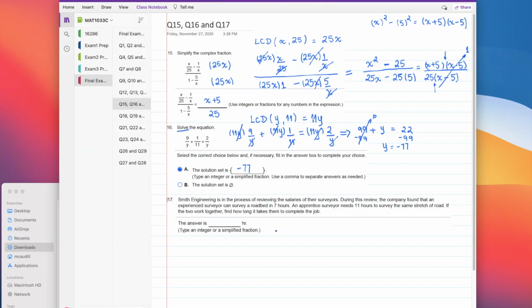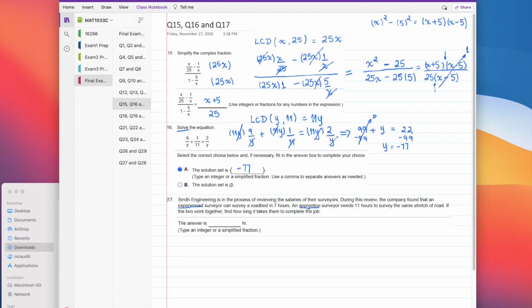During this review, the company found that the experienced one can survey a road bed in 7 hours, and an apprentice surveyor needs 11 hours to survey the same stretch of road. If the two work together, find how long it takes them to complete the job.